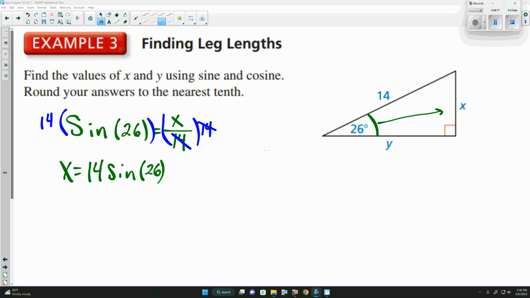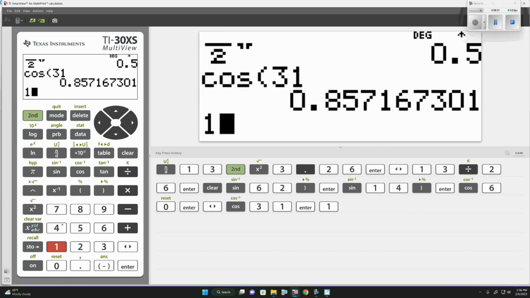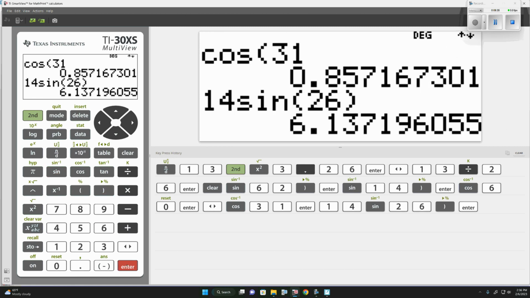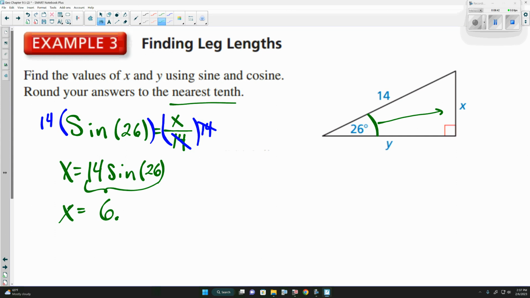Any questions on this so far? Now at this point here, we do need to evaluate 14 sine of 26, and they want us to round to the nearest tenth. So we can take the calculator and say 14 sine of 26 degrees. And we get 6.137, or rounded to the nearest tenth is 6.1.